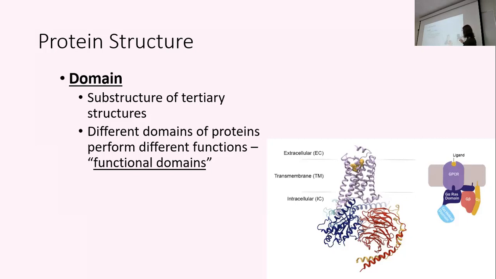We're not going to worry about what the other parts are. It's just an example, right? So basically you have a whole protein and you've got different domains of a protein that are doing different jobs for that protein, right? And so then a whole set of domains are going to make up your full protein, that tertiary structure.